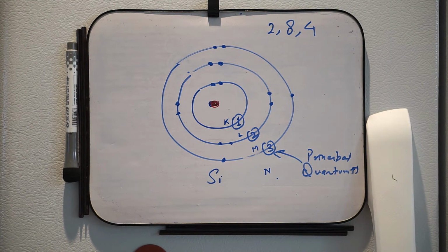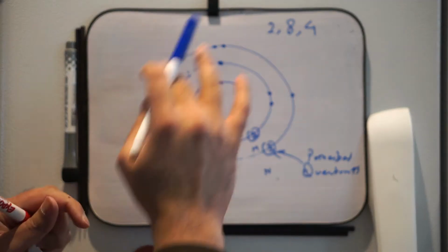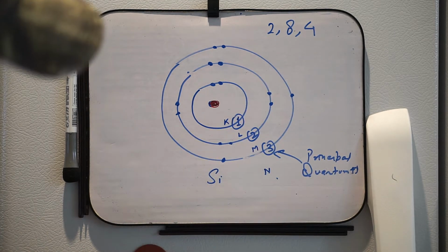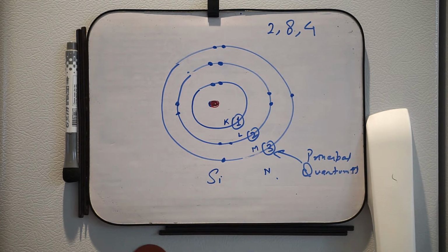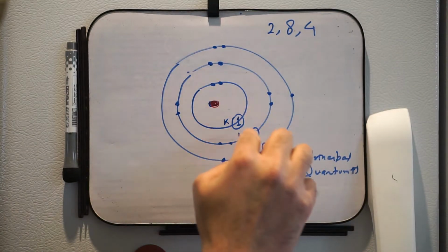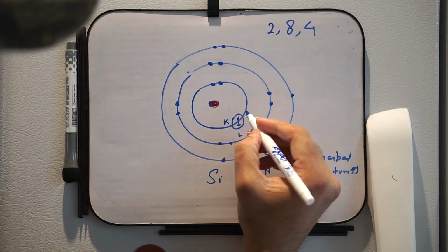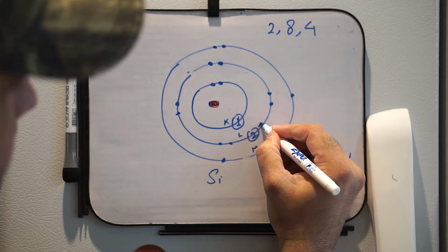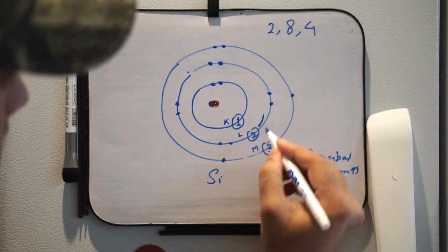So after some time, we thought that these things are orbits. Then we discovered that, hey, these orbits actually have suborbits, and they're not exactly one orbit at a time. These little things are split up into further suborbitals like this.